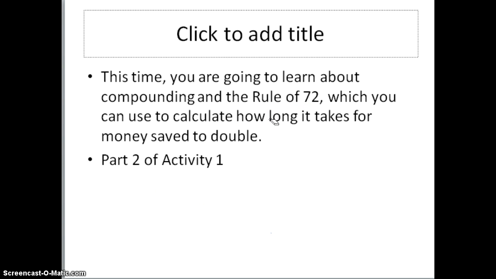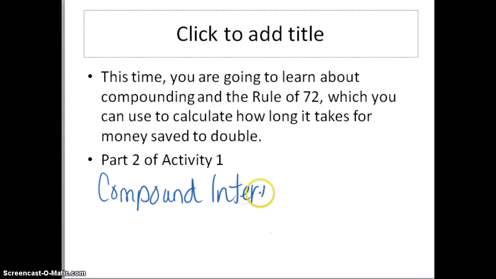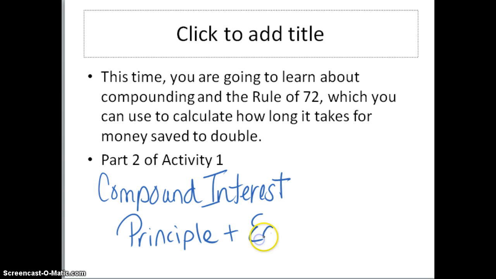This rule of 72 is used for accounts that offer compound interest. Compound interest is beneficial because the interest that is added into your account considers the interest that was earned from the account itself. It considers the principal that you yourself put into the savings account plus whatever interest was earned prior to that.